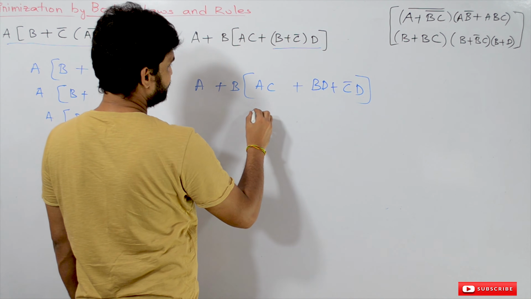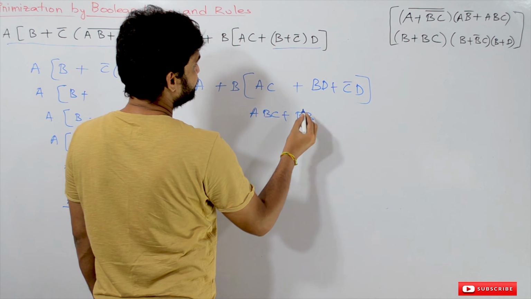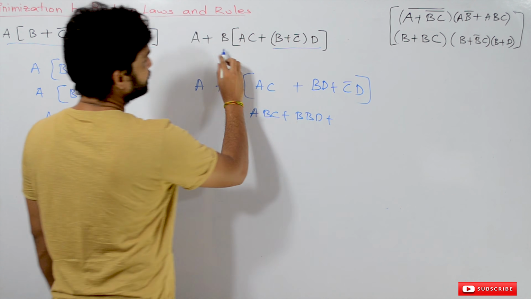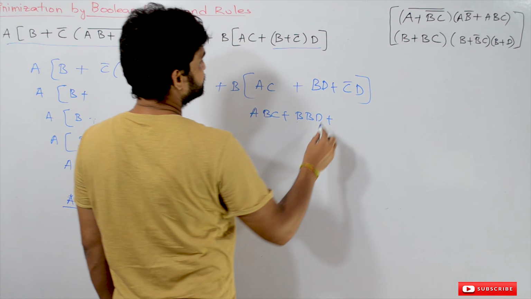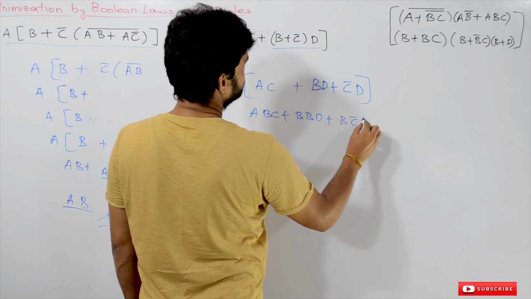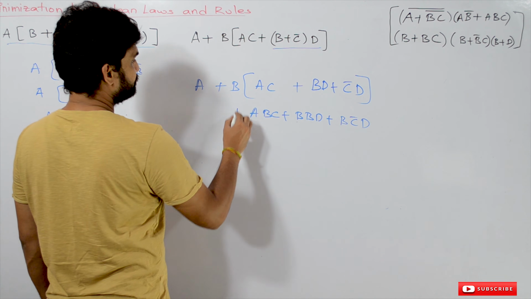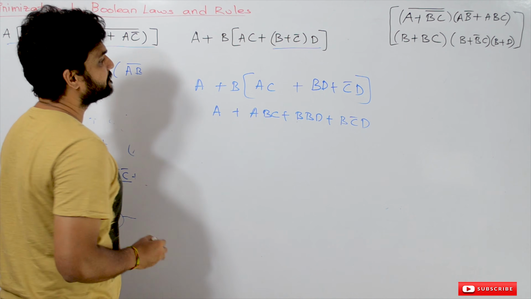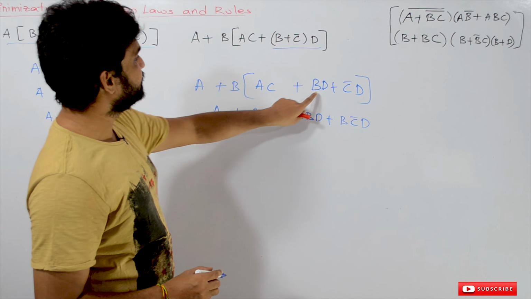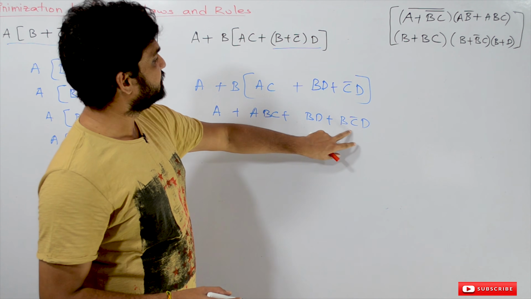So it is going to be ABC plus BBD, plus B with this means B C bar D. Now plus A. ABC plus BBD, this is going to be BD plus B C bar D.